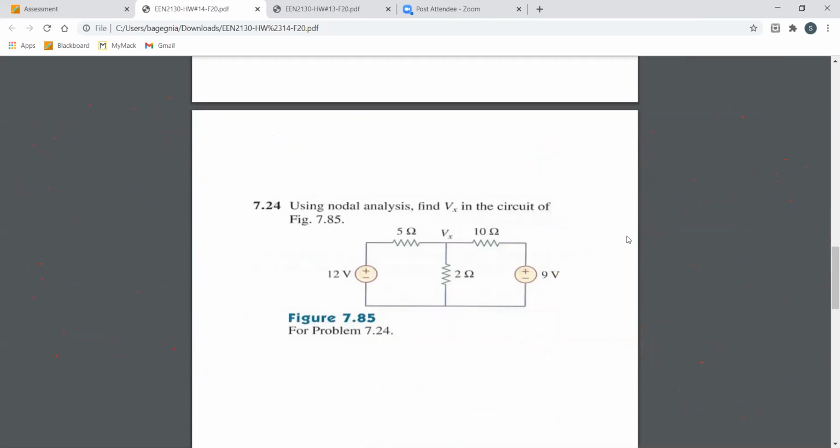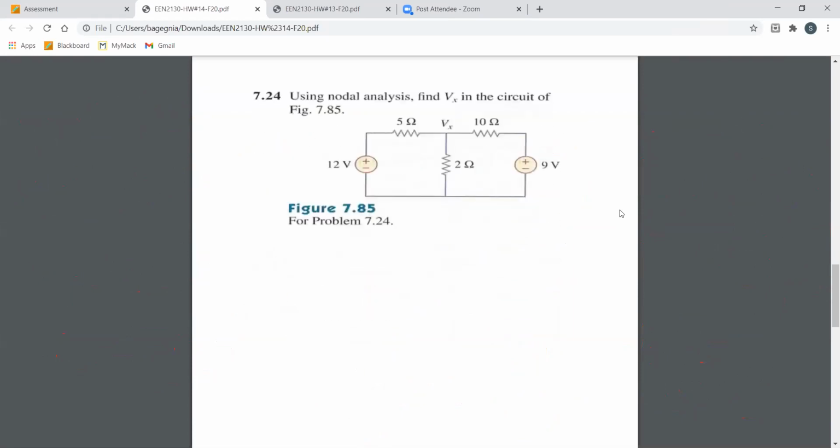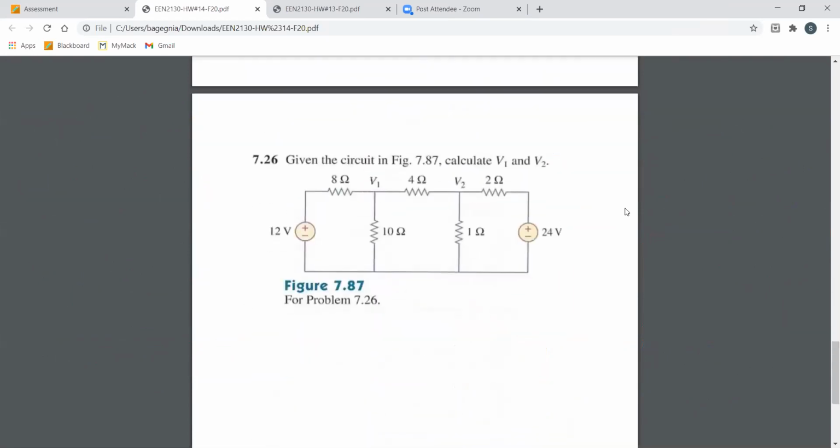Yeah. Okay, good. Let me see here if there are any others. Okay, again, this one. Without even thinking, guys, just use the rules. Left to right, up to down.